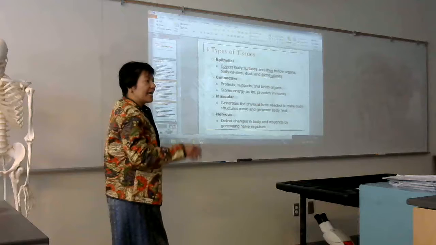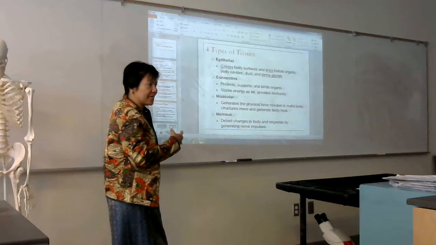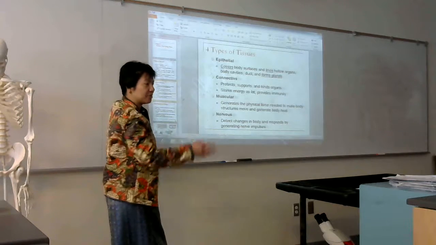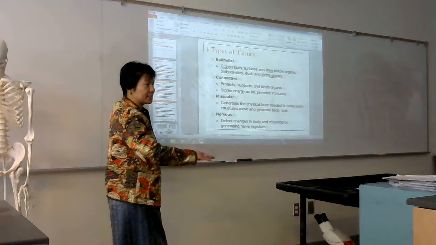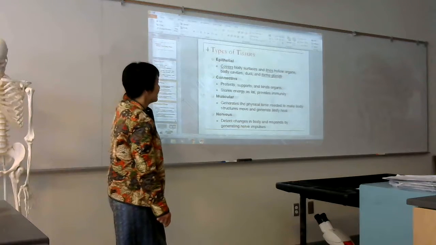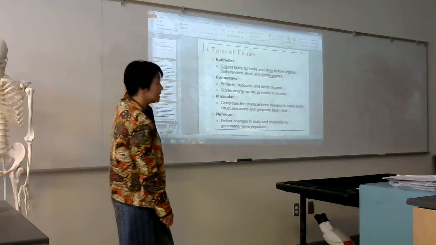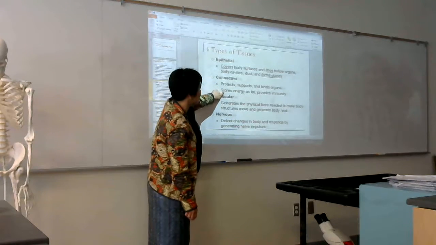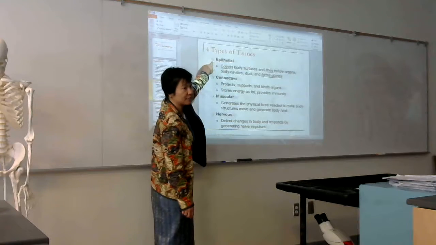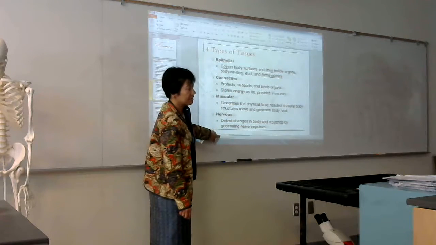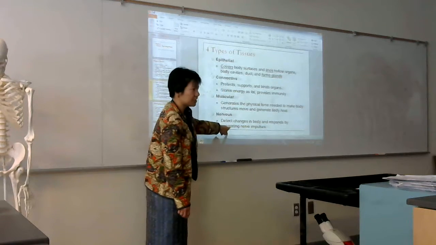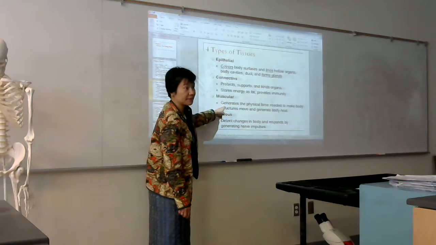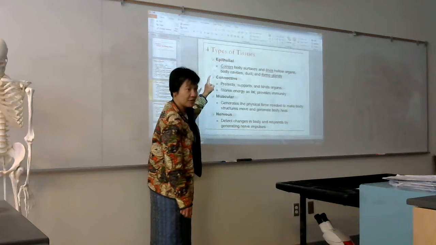If they all did the same thing, if it was just one general job, we'd just call them all tissues. But they have their own job. Just by looking at this slide, look at connective: protects, stores energy. You don't see this function here, or here, or here. You don't see detects changes for this one. They have their own job.